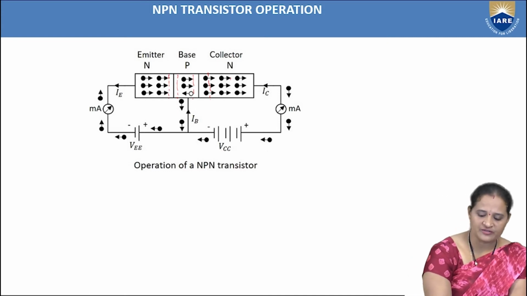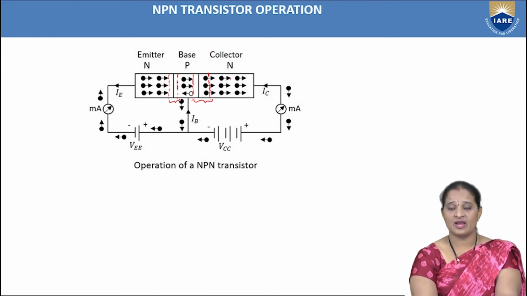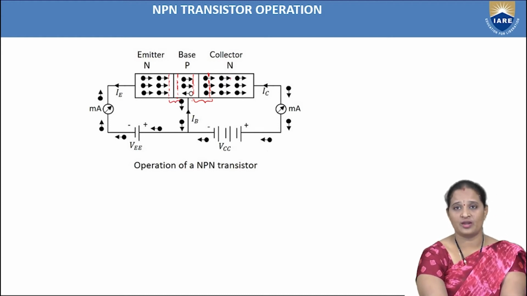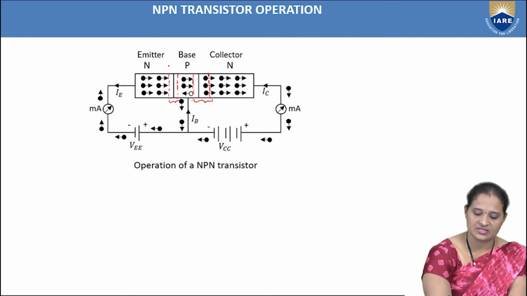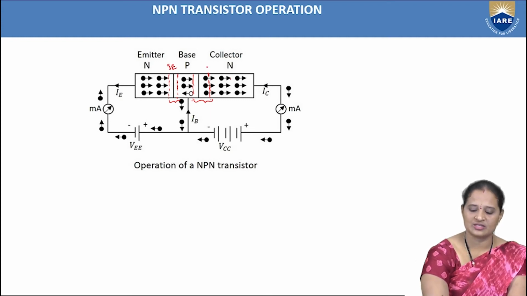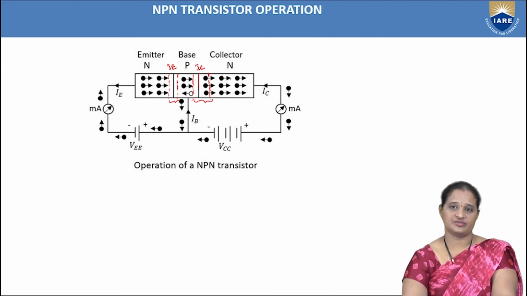I have shown it with a red dotted line here. This is my depletion region, and it is wider because the collector to base junction is reverse biased, and it is narrow at the emitter to base junction. This is JE, the emitter junction, and this is JC, the collector junction, right?